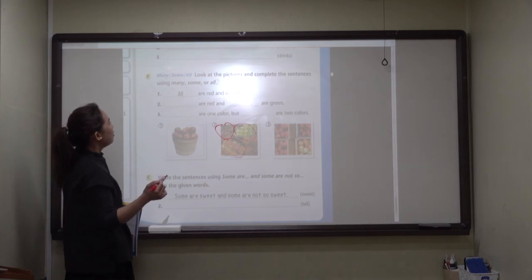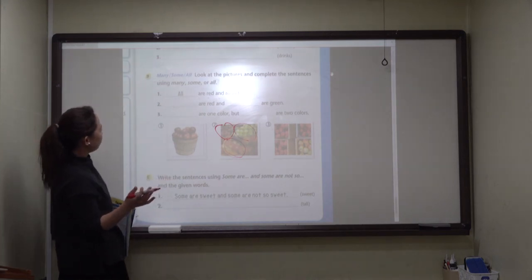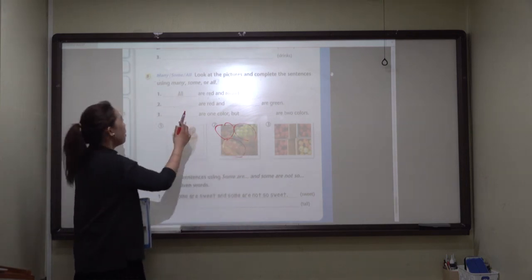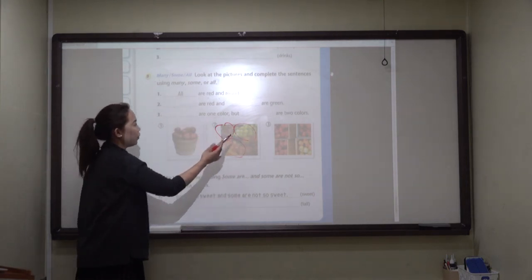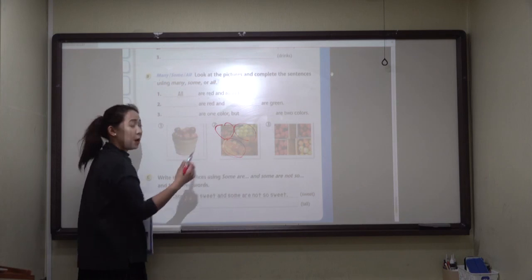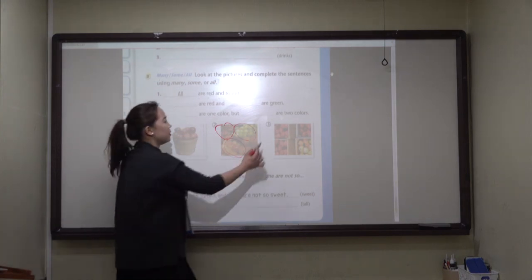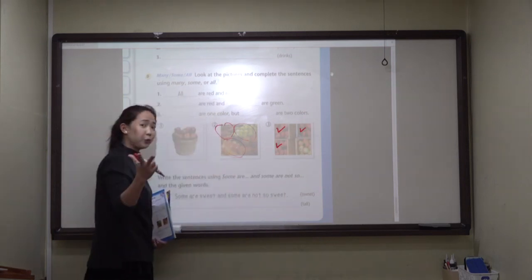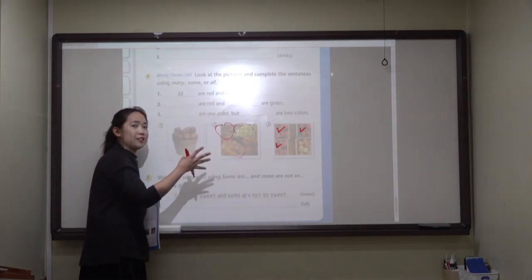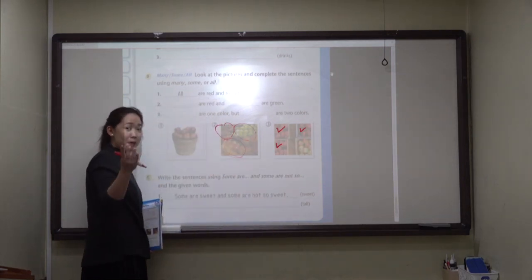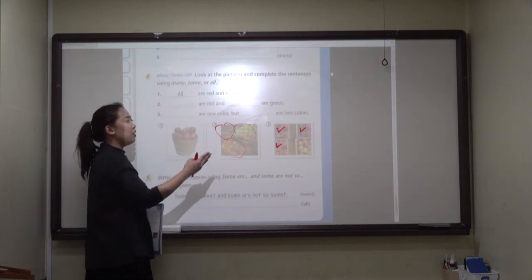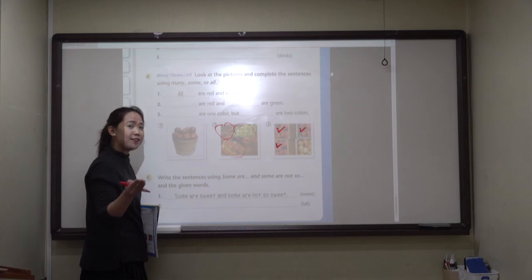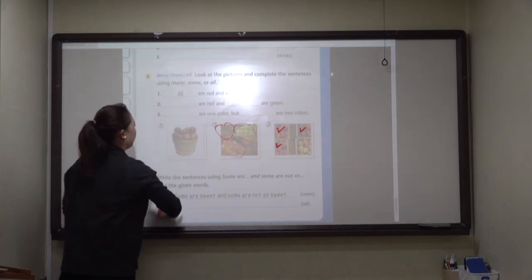Okay, and number 3, in number 3, many are one color, but some are 2 colors because this one and this one and this one, right? So 3 among the 4 boxes. So you have to use many. Many are one color, but some are 2 colors. Did you get that, guys? Okay.